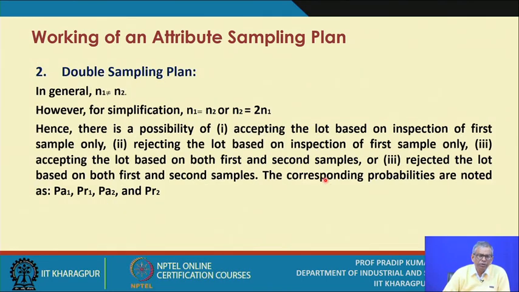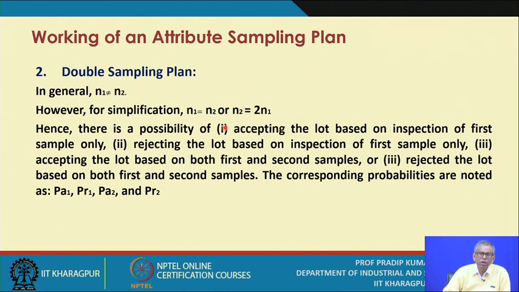In general, what do you find when you design a double sampling plan? Usually the first sample size is not equal to the second sample size. That's why I have written N1 is not equal to N2. But for simplification, in many cases, when you refer to the standardized sampling plans, in any design exercise you go for standardization and simplification.